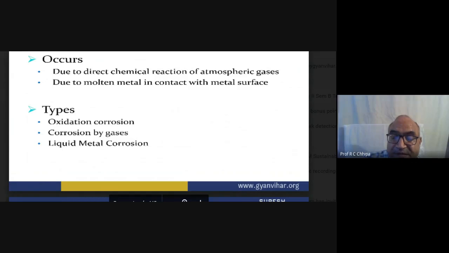Gold itself is a noble metal, but mercury can affect the gold and form an amalgam. So different metals react with mercury and form amalgams.